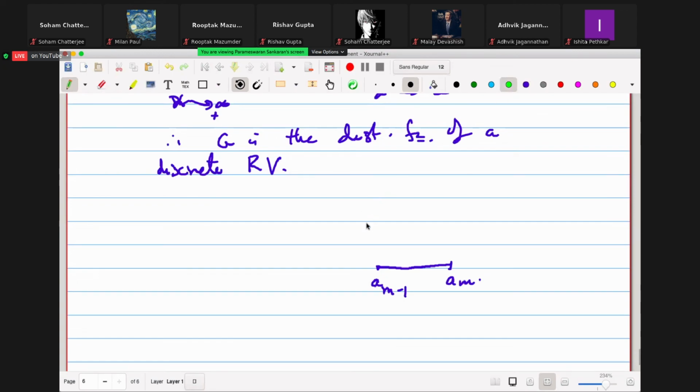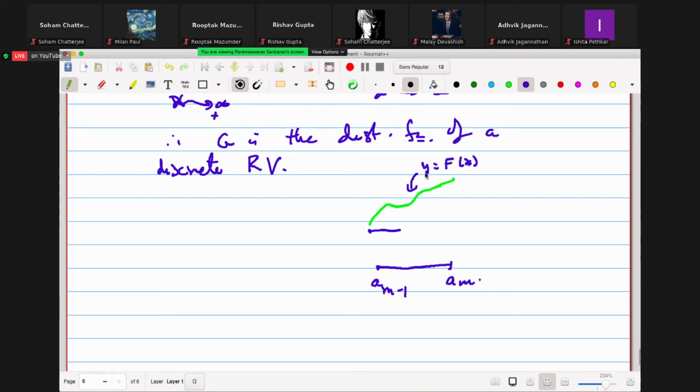So some continuous part of the curve is the graph of y equal to F(x). Whereas G, because it's the distribution function of a discrete random variable, will be like a step function.